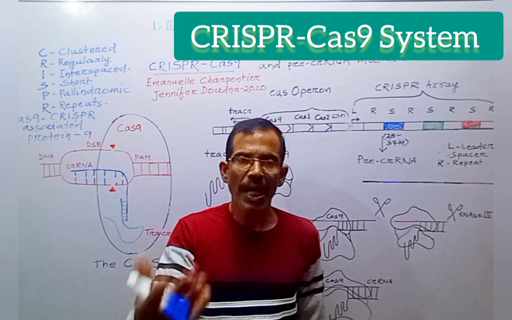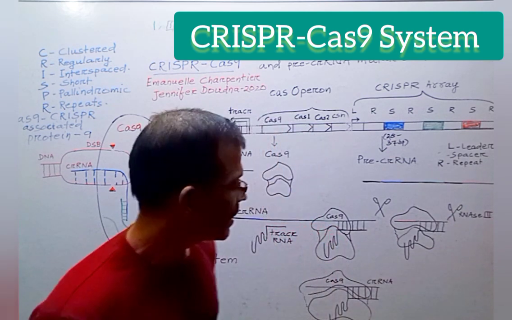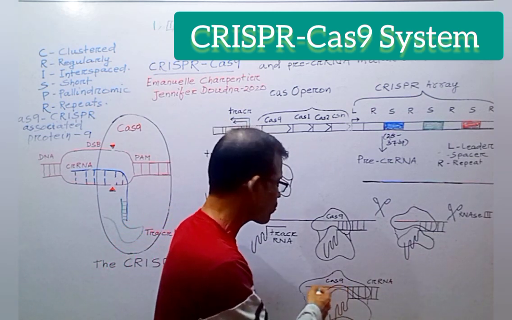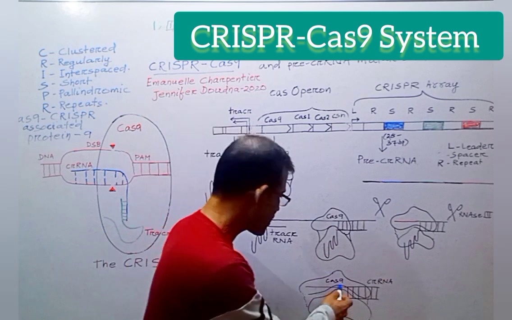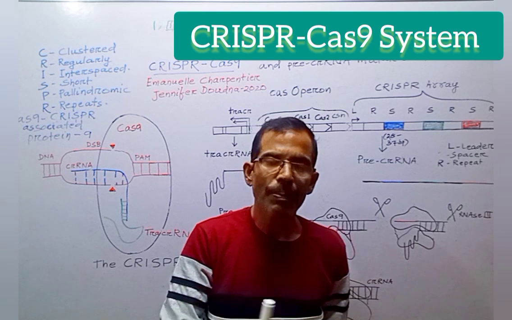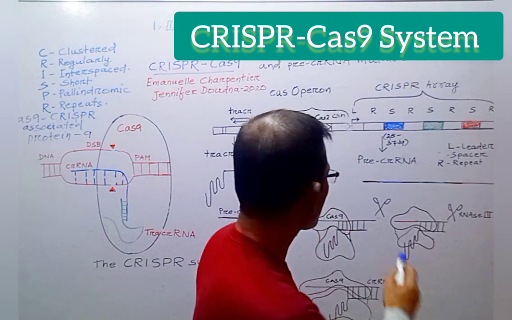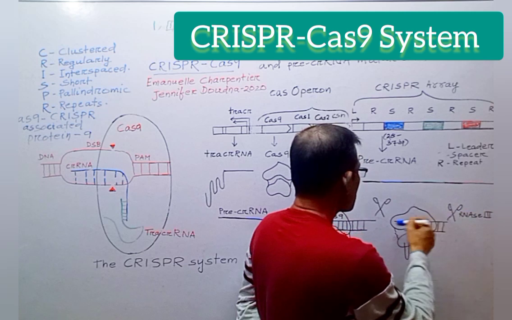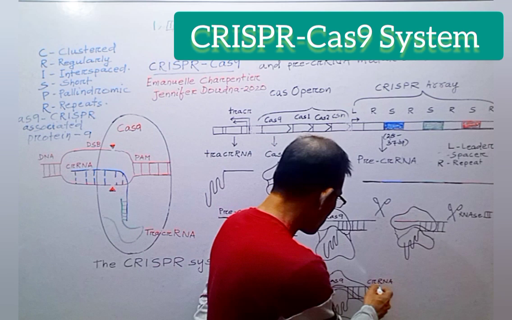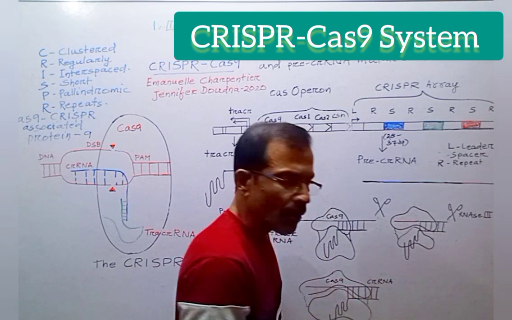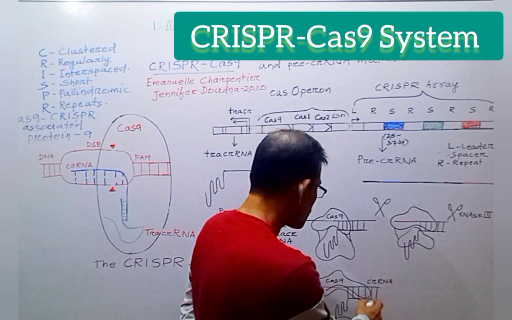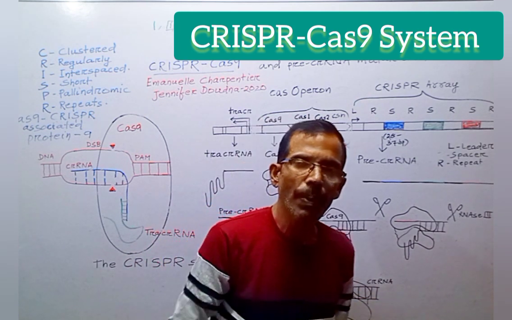Unlike the other two types of CRISPR systems, in this case, the CRISPR RNA does not contain the full spacer, so the spacer is truncated at one end. In case of type 2 CRISPR system, the primary CRISPR transcript is cleaved by the enzyme ribonuclease 3 to form the mature CRISPR RNA, which is then associated with Cas9 nuclease to form the interference complex.